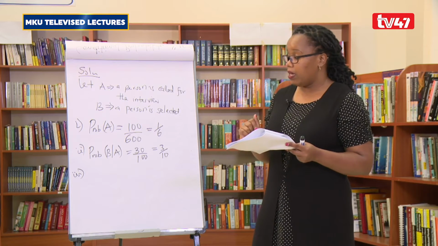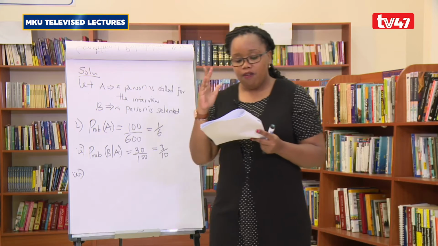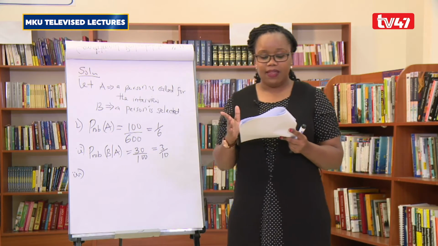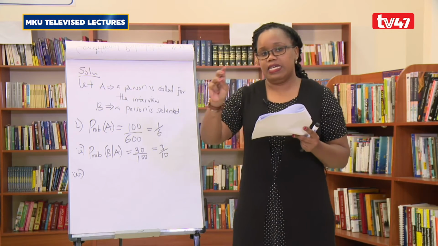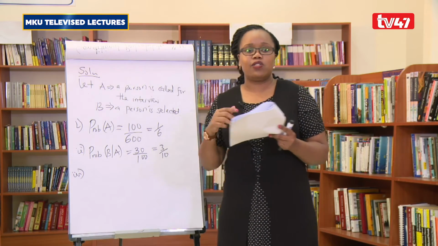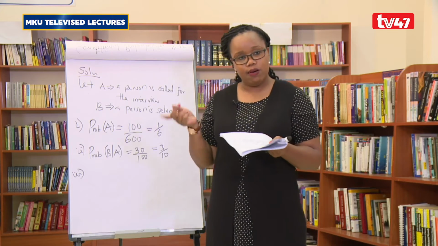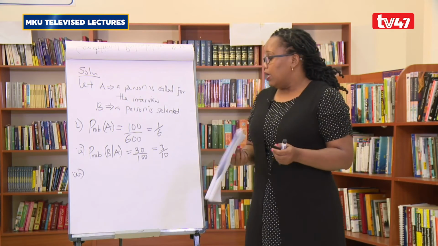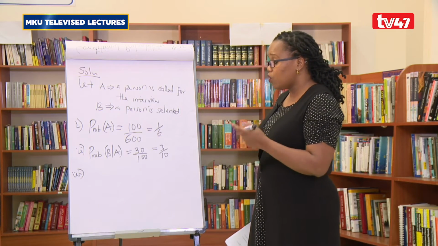Then the third question, which now will require a bit of clever play with our conditional probability formula so that we can be able to achieve it. We are told to find the probability that a person is called for the interview and is selected. So automatically I know from the rules, I'm going to use multiplication. Now, let me go back a bit to the conditional probability.